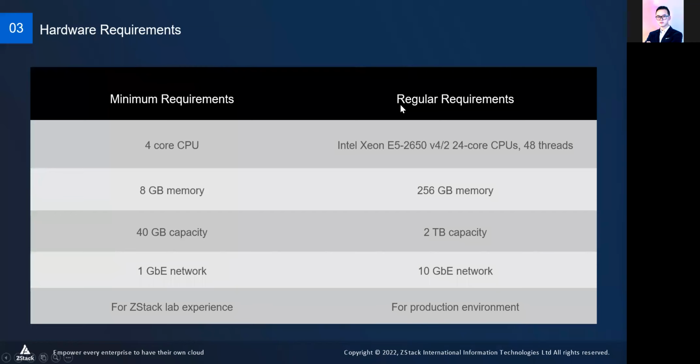For the production environment, we suggest at least 140 CPU cores, maybe 250G memory, and 2 TB capacity. It can be 1 TB HDD in RAID 1, and a 10G network too. This is for the production environment.